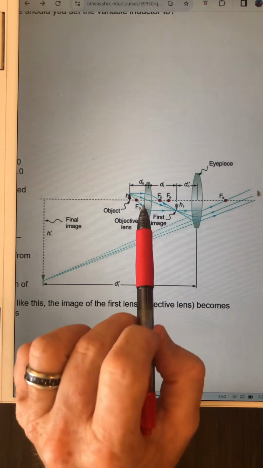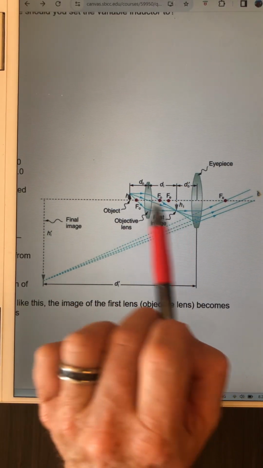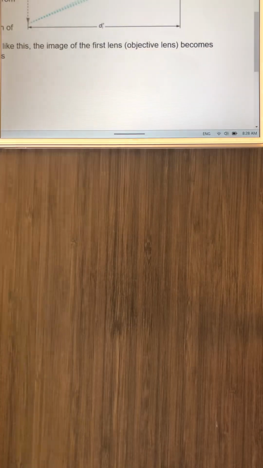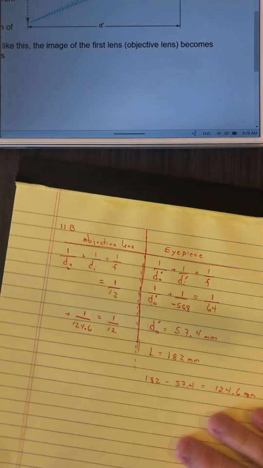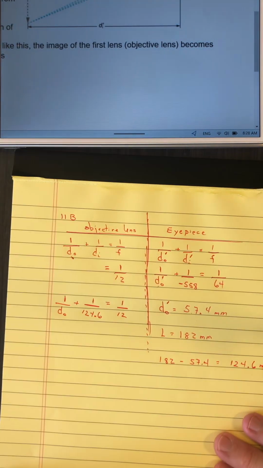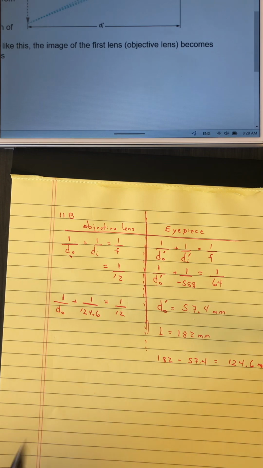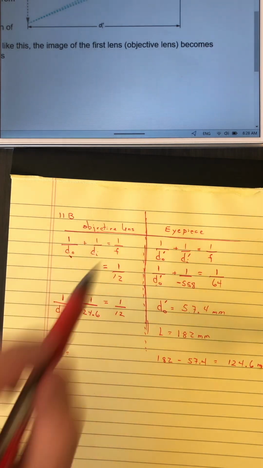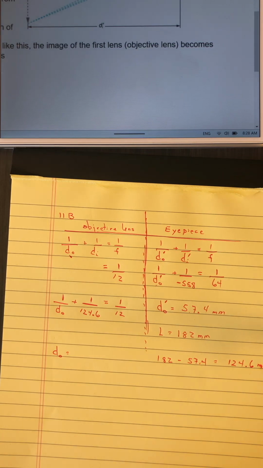Coming back to the picture, we can see that this is forming a real image from the first lens, and so this is a positive number. Sure enough, I put it in as a positive number. Now I can get the object distance from the objective lens, and that's what A is asking.